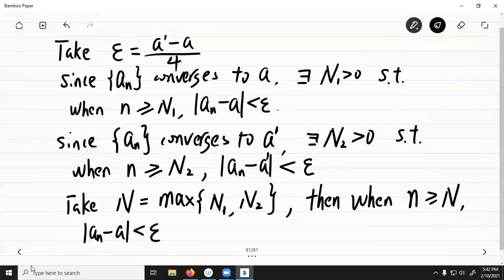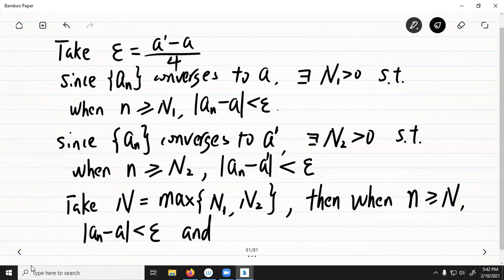Of course, it's greater than this maximum number, so it's greater than N sub 1, because N is the maximum of N1 and N2. So this inequality would be true. The same thing, since it's greater than the maximum of N1 and N2, of course it will be greater than N2.